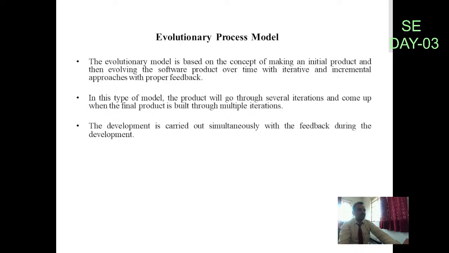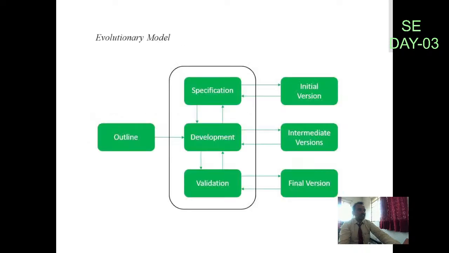Remember, this is one of the key points. The development in this evolutionary process model is carried out simultaneously with the collection of feedback, which is held during the development time.